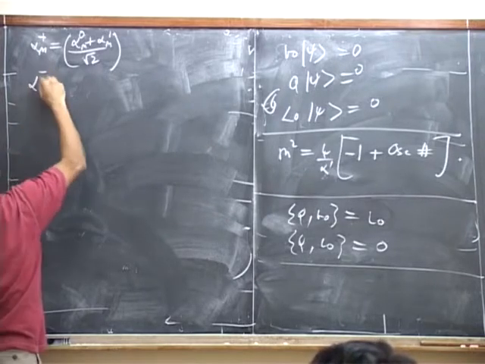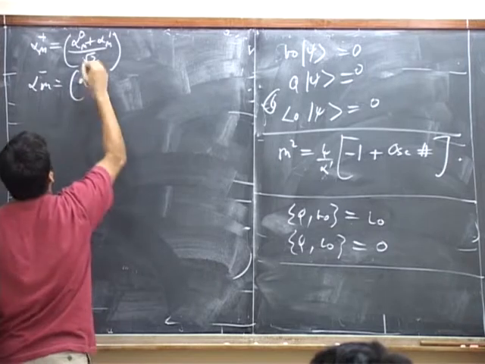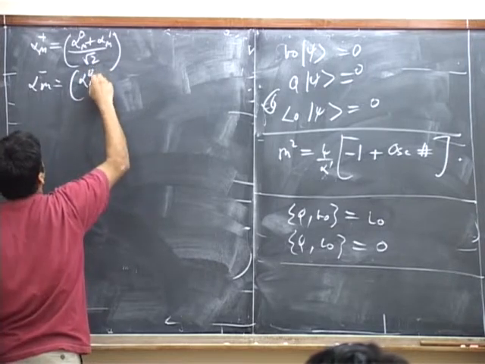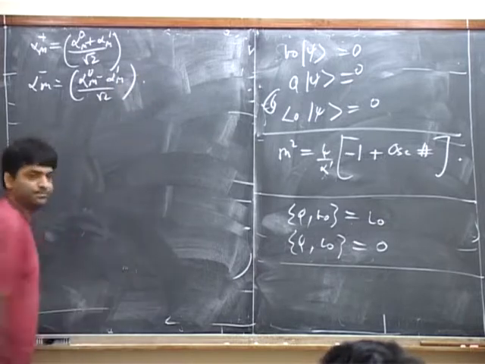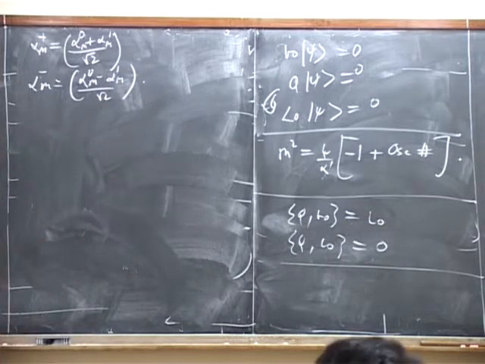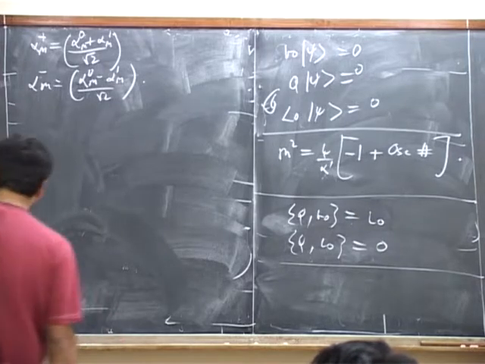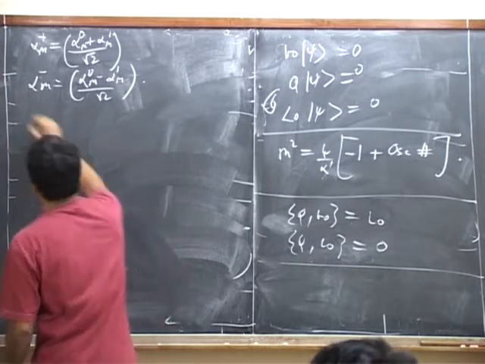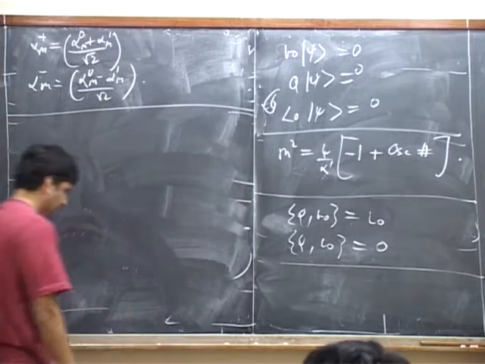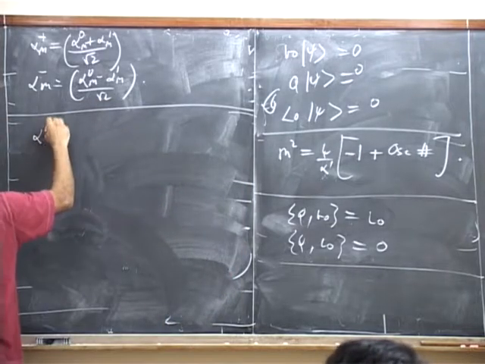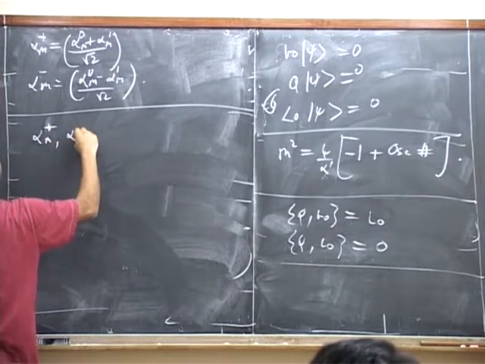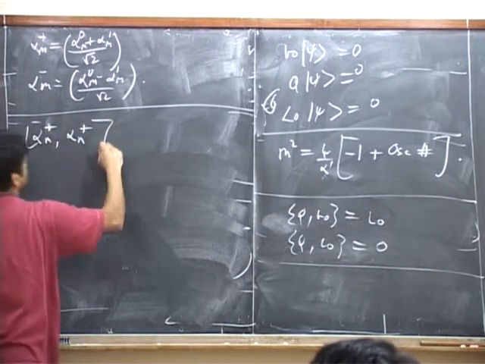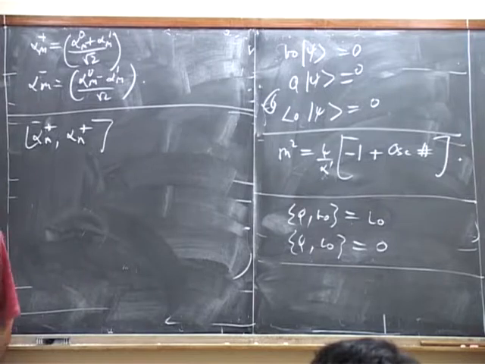And let's define alpha minus m to be alpha 0 m minus alpha 1 m divided by square root of 2. Now let's try to figure out what the commutation relations are between these alpha plus and alpha minus. So first tell me, what is the commutator of alpha m plus and alpha n plus? Somebody tell me what we get.